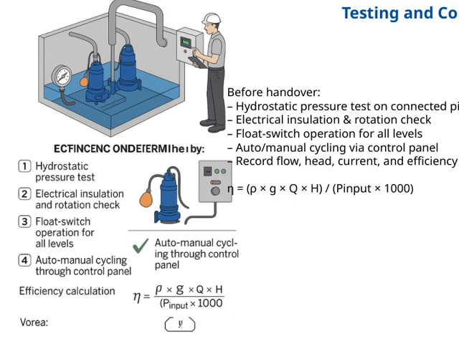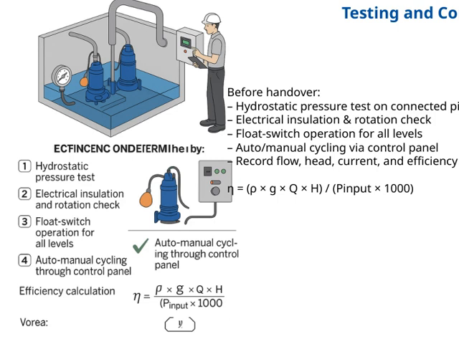Additionally, we run auto and manual cycling tests via the control panel to confirm that the system responds accurately under different control modes. Throughout this process, we record important operational parameters such as flow rate, head, current, and efficiency. This data helps us assess the system's performance and identify any issues before handover.